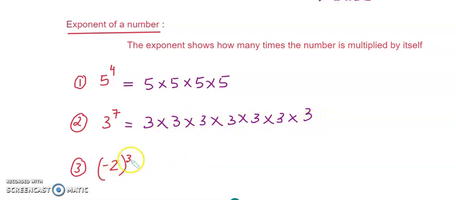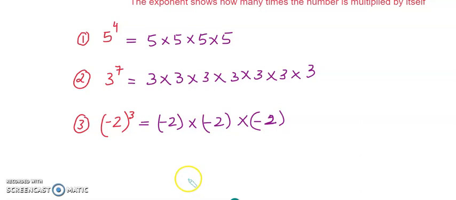Next, negative 2 to the power 3. Now here the negative sign is also within the bracket. Means the negative sign is also supposed to be multiplied 3 times. So it will be minus 2 multiplied by minus 2 multiplied by minus 2. Now your question will be, why so? I wanted to show a difference.